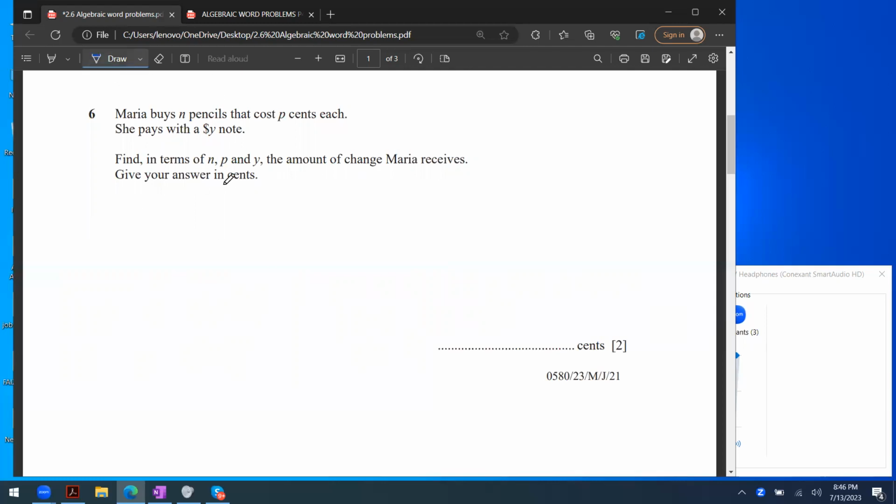You can download them. Maria buys n pencils that cost P cents. She pays with a $Y note. Find in terms of n, p and y the amount of change Maria receives, in cents.